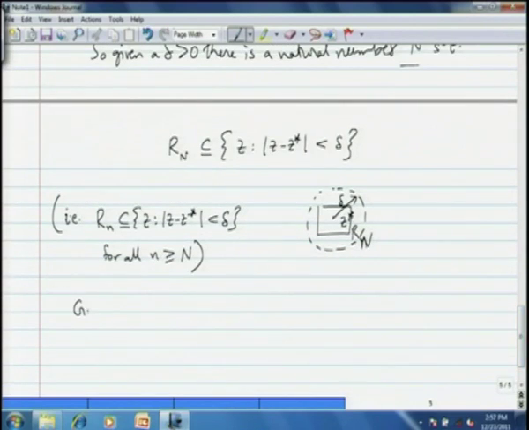So, we know that f is analytic in an open set containing the rectangle capital R. Okay.